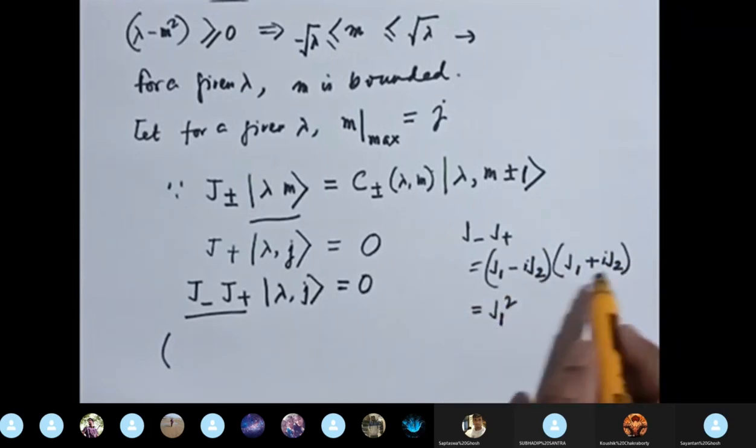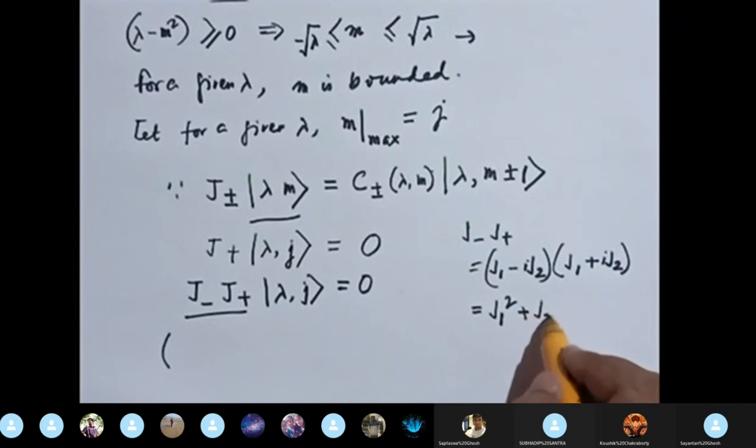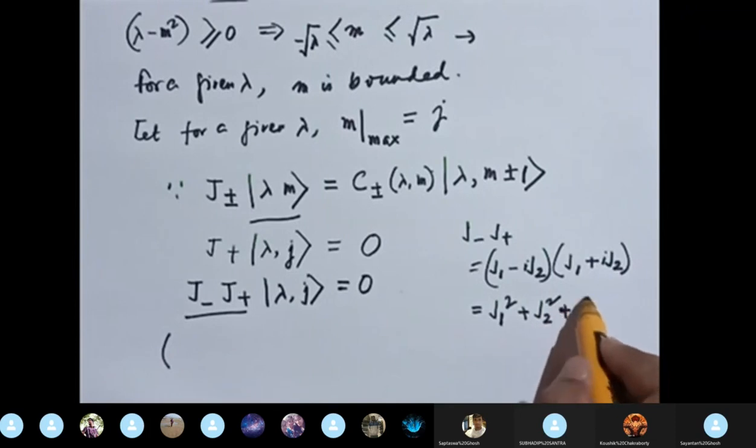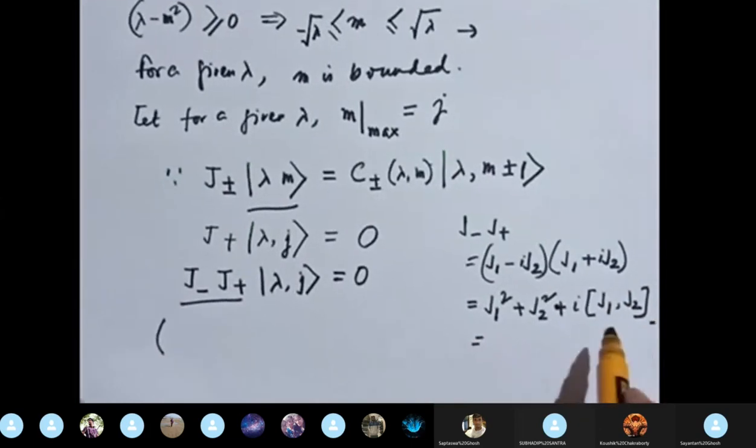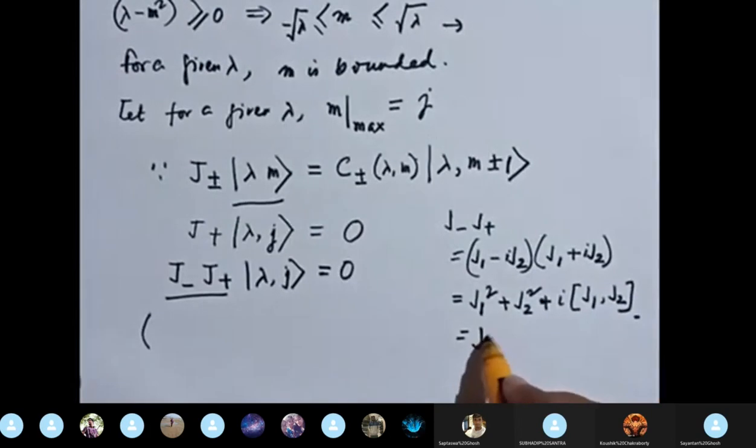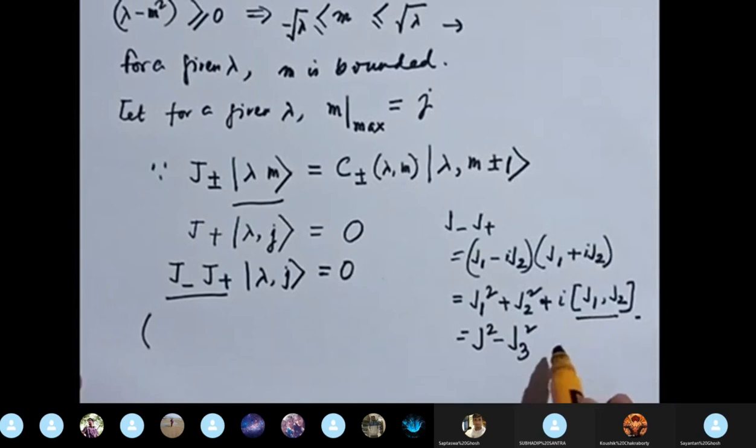J1 square plus J2 square plus iJ1J2 commutator. Okay, completed. And J1 square plus J2 square is J square minus J3 square, and this is iJ3 times i, so this is J3.